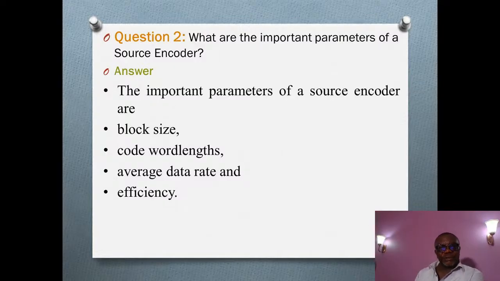The second question is, what are the important parameters of a source encoder? Now, we ask, what is this source encoder?